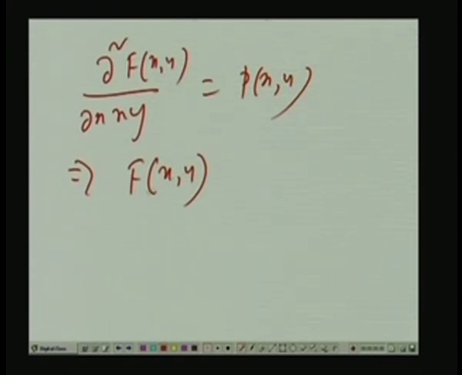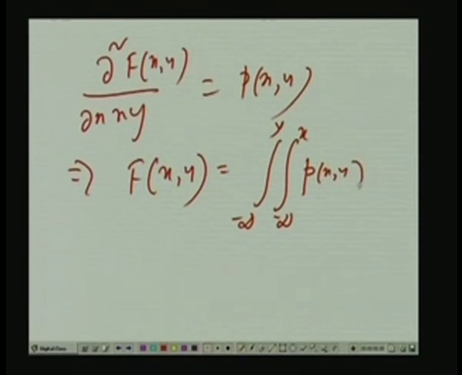That is why I am not putting them in the subscript and putting some specified values here. This will be nothing but a double integral, where you can put limits x and minus infinity. This comes from ordinary calculus, so I cannot go back to that. P x y dx dy. So, this derivative, so this is an integral relation, reverse. So, now I come to what I was doing.